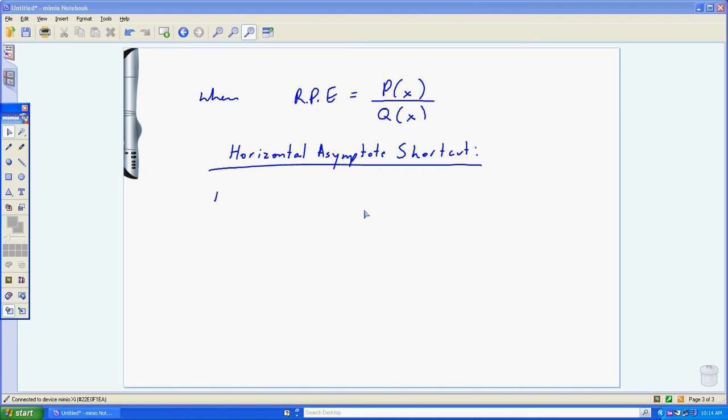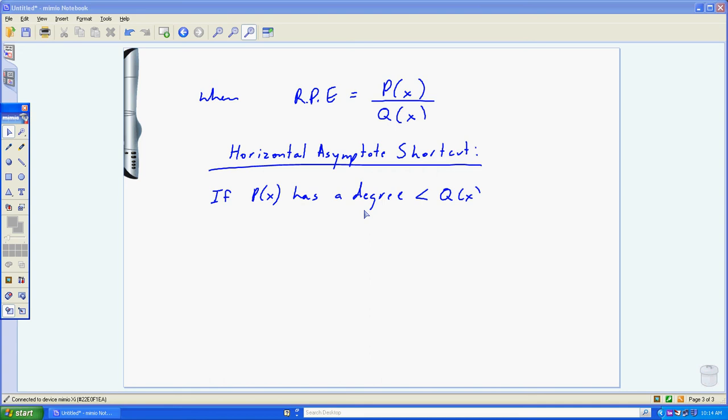So if p of x has a degree that's less than q of x, so its highest exponent is less than that of q of x. Okay, so like the previous question, the 5 over x. Well, there was no variable with exponent.